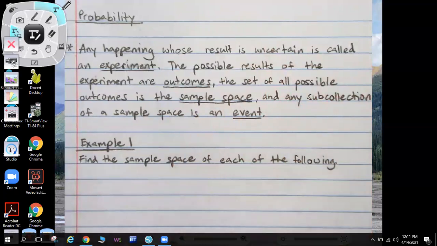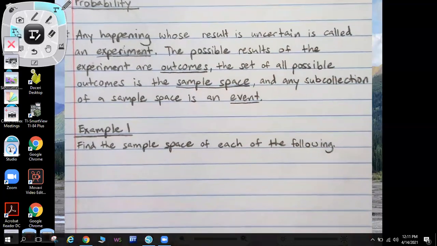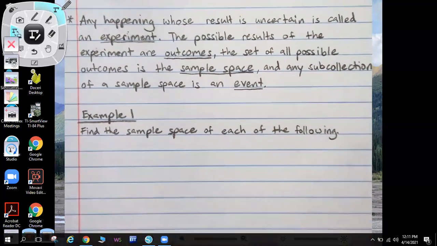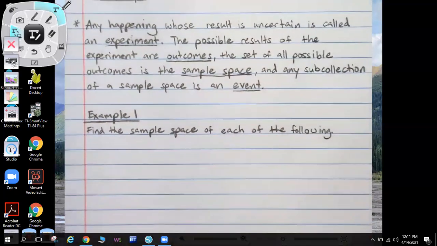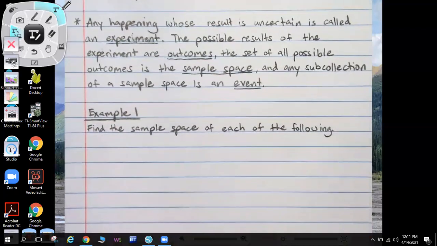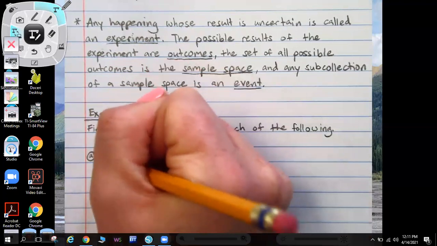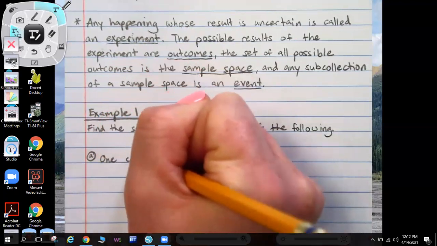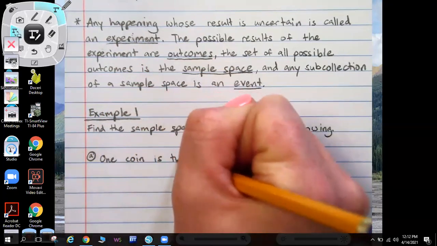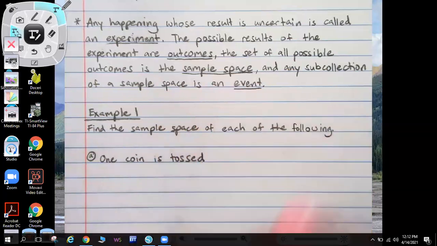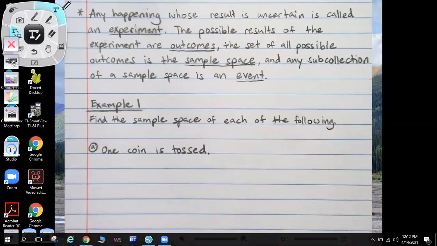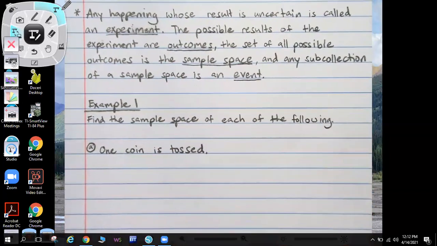Example 1, the instructions are to find the sample space of each of the following. Part A, one coin is tossed.